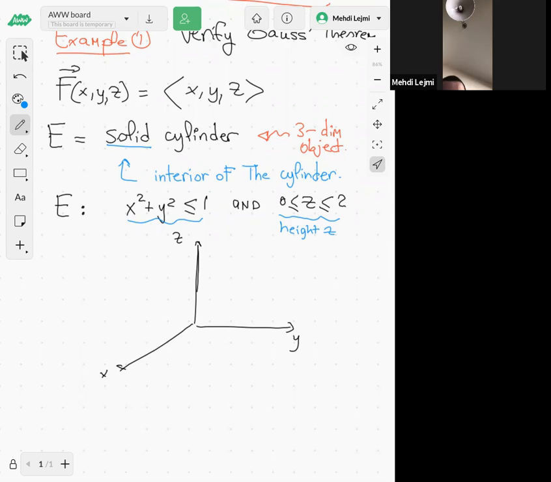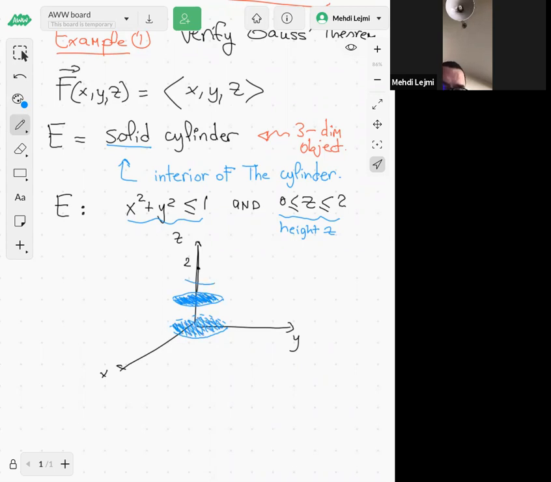So when z is 0, of course, you get the inside of this circle, x squared plus y squared equals 1. But it's not just for z equal to 0. It's for any z between 0 and 2, right? So let's say here is 2, and I'm going to take the interior of all the circles x squared plus y squared equals 1 with height z between 0 and 2.